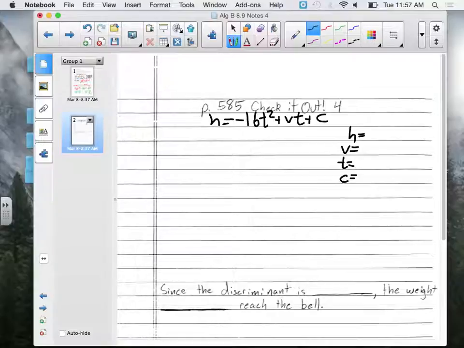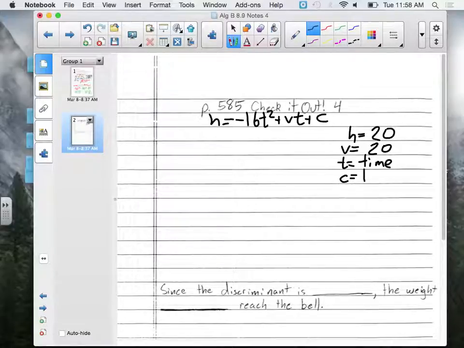So you said h was height, right? And what's the height for this? 20, okay. What's the velocity? 20, right? That's our new one that they gave us. Time, they don't give us one, so it's just t, right? And then c is the constant, and that is 1, right?